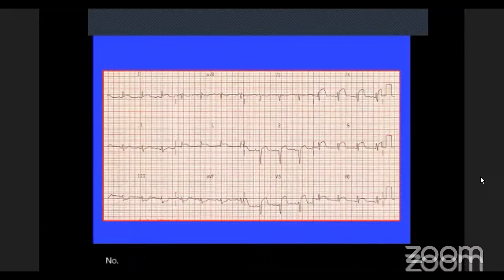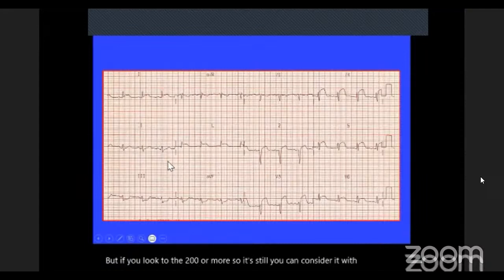It's regular. However, the amplitude is very low. About the axis, it's normal. I mean, lead 1 is positive, and AVF is, I believe, maybe more negative. But if you look at V2, it's almost zero. So you can still consider it within normal range.